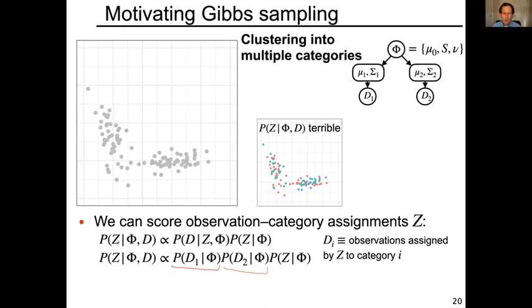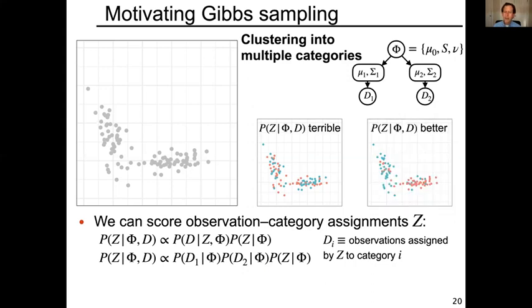There are blue and red dots, and those correspond to the 2 different categories. This would have a very bad posterior probability, and the reason is that each of P of D sub 1 given phi and P of D sub 2 given phi is going to be very low, because they will be very large categories, and a large category is in general going to assign a bad likelihood. Each of the categories would have to look pretty large like that, and a large category doesn't assign high likelihood to anything, certainly not things that are not close to its center.